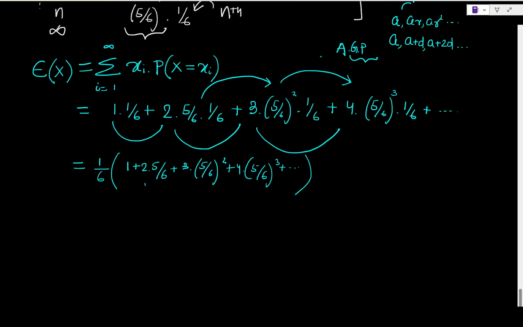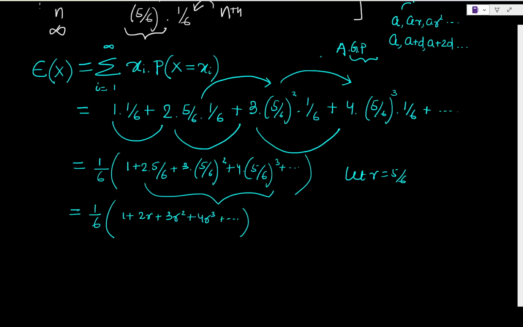Writing 5 by 6 too many times is cumbersome when trying to simplify and find a pattern. It's a general practice in mathematics to represent them with variables. So let r represent 5 by 6. Then what I'm supposed to calculate now is 1 by 6 common, 1 plus 2r plus 3r square plus 4r cube, so on and so forth.